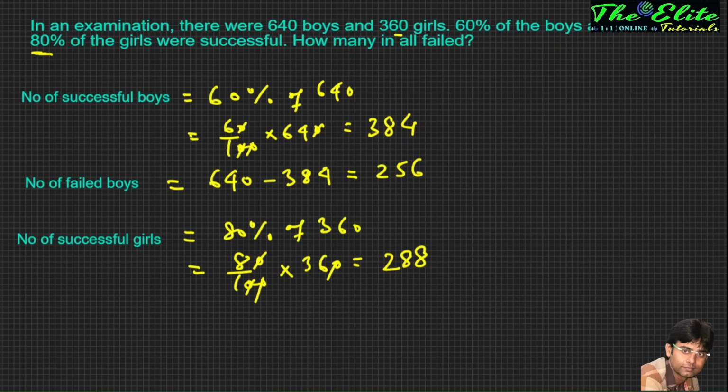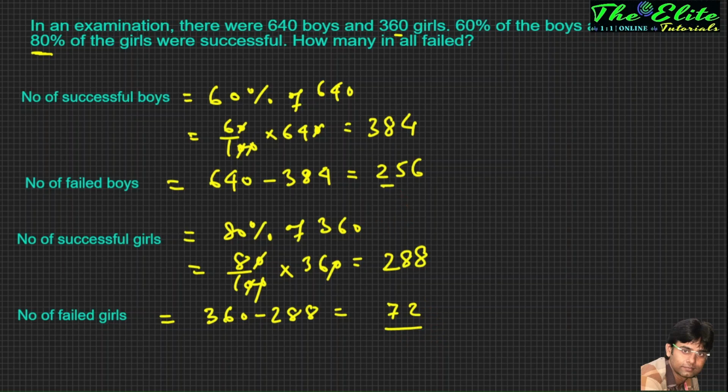So what is the number of girls that failed? The number of girls who failed will be equal to 360 minus 288. You will get the answer as 72. So 72 girls have failed.